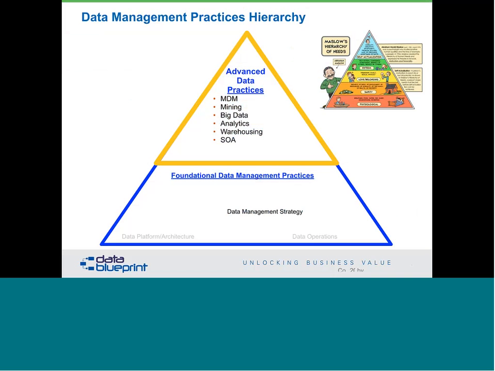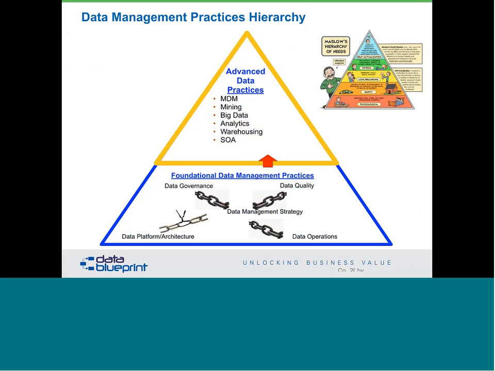And these 5 practice areas are governance, quality, strategy, platform architecture, and operations. Importantly, too, all of these things are held together by what we call a weak link in the chain method, meaning that this foundation can only be as strong as the weakest link.